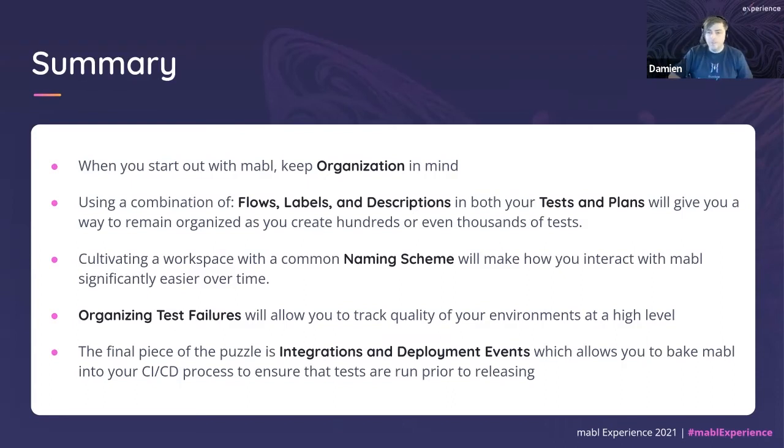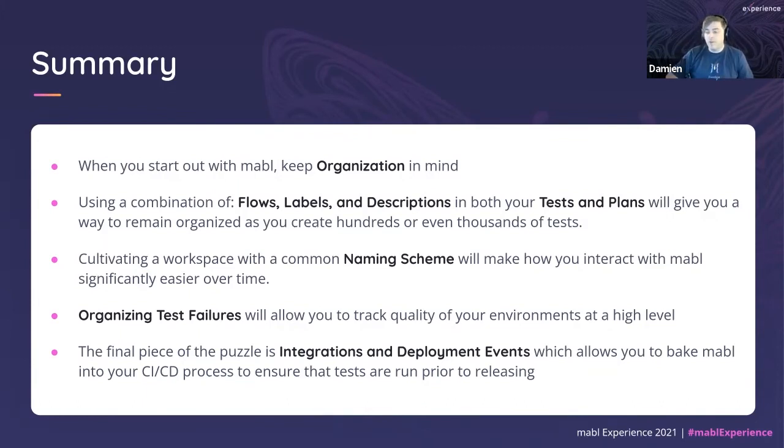So in summary, we've covered a lot of ground in a short period of time here today. We talked about organization and how that's going to be a coordinated team effort, while leaning into how you can use flows, labels, and descriptions to keep your workspace organized and easily understood by both new and existing mablers.